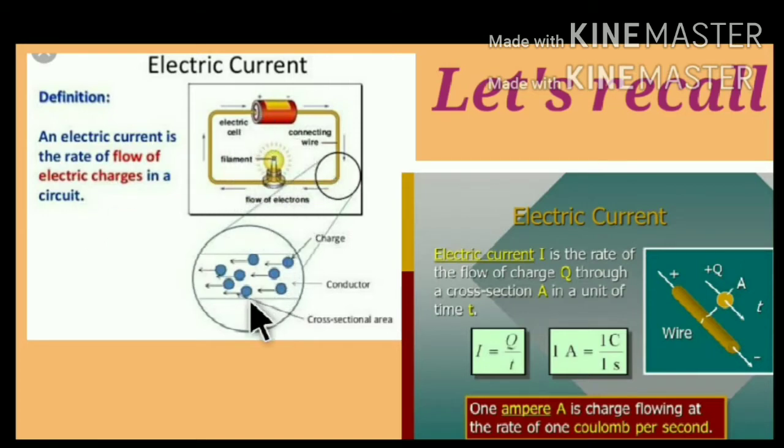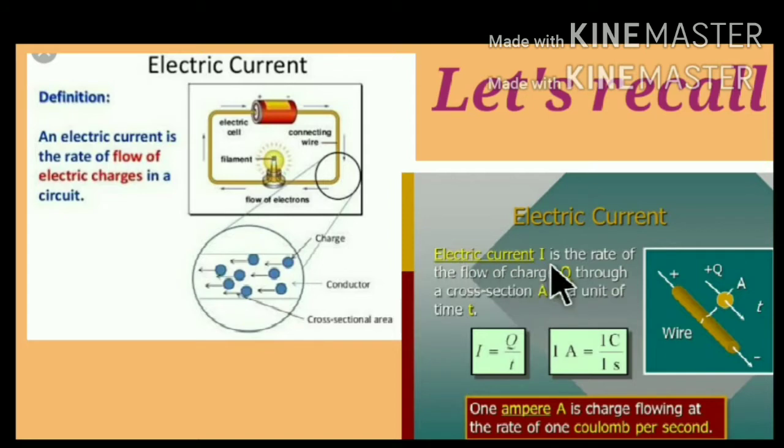Here is a cross section of the conductor, that is the wire, and these are the charges or the electrons that flow. Here is the flow of the electrons. So like this the electric circuit works. Let us see the unit of the current.